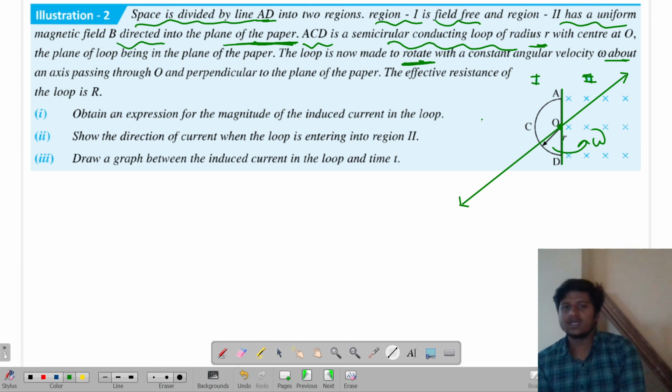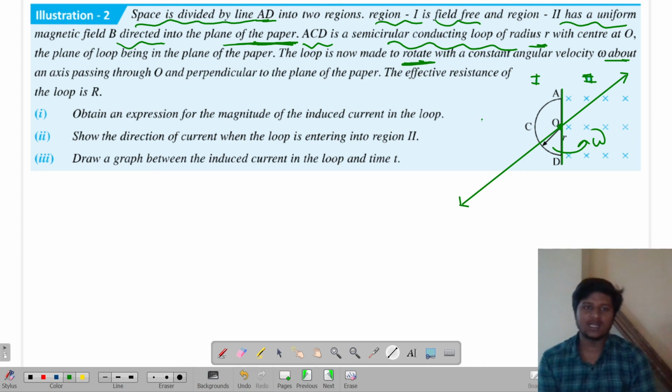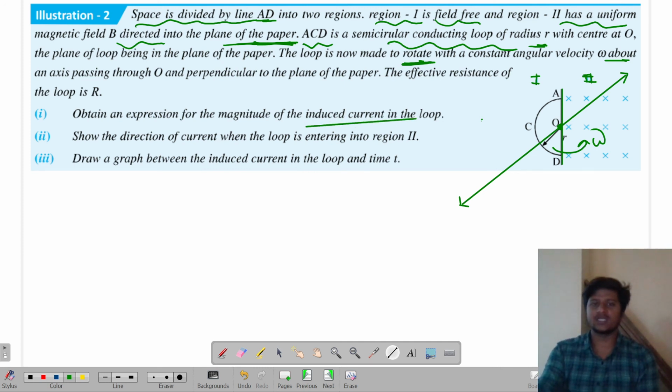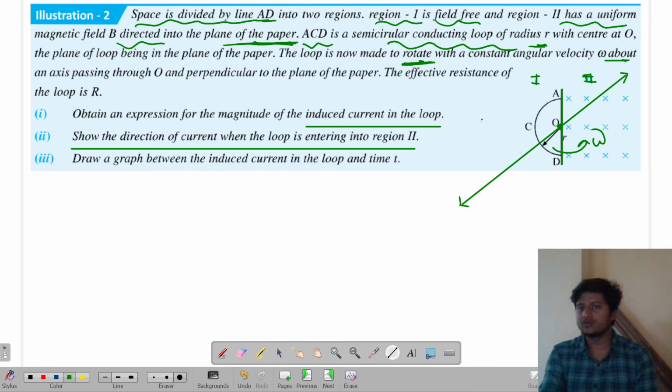The effective resistance of the loop is also given, which is capital R. First question: obtain the expression for the magnitude of induced current in the loop. Second question: show the direction when the loop is entering region 2. And third question: draw the graph.